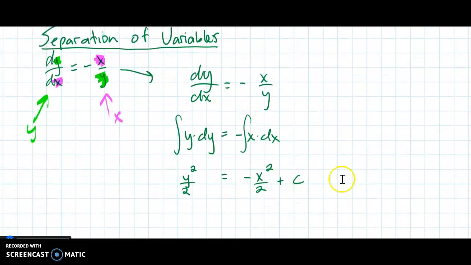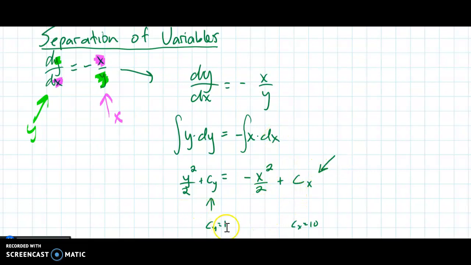Now, I'm going to call this c sub x, and plus c sub y. What I want to argue to you now is that we only need this c right here. You will not write this in the future, because we don't need to do the plus c on that side. Here's why. Say c sub y was equal to 1 and c sub x was equal to 10. Couldn't we just move this 1 over to the right side and have a 9 over here?